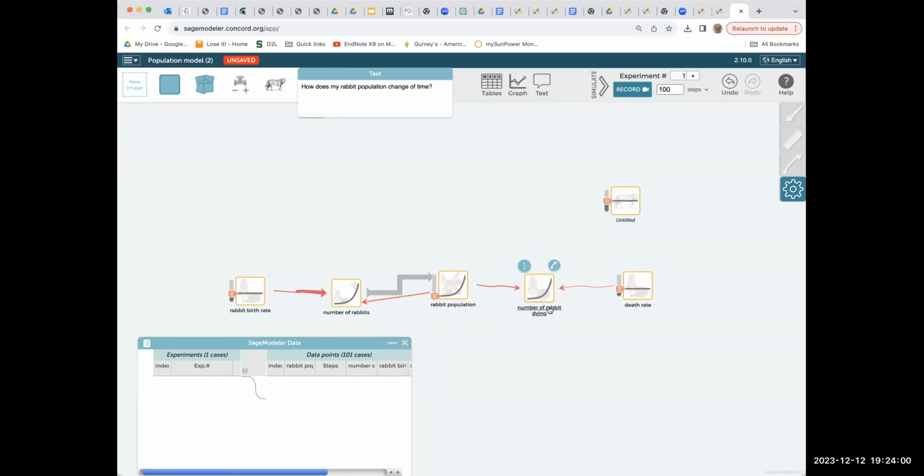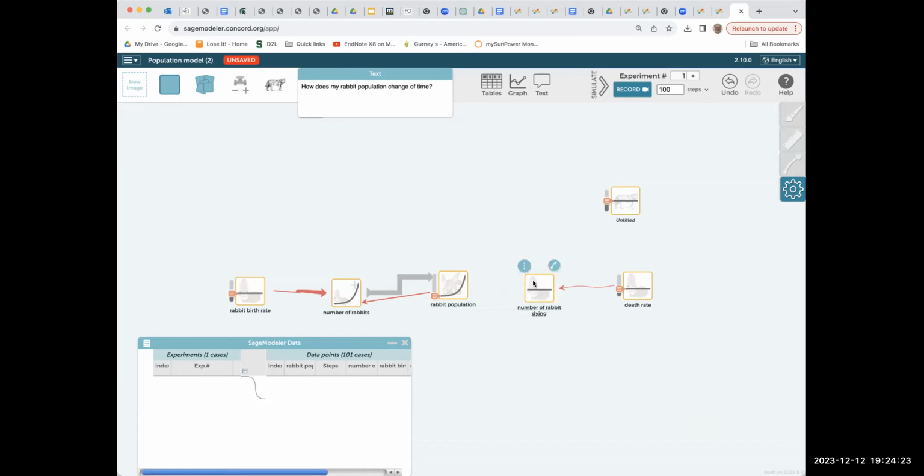Well, the number of rabbits dying should also flow in. And so somehow one of my connections accidentally got disconnected and it's going the wrong way. So I'm going to take that out, and we're gonna build a new connection to see if it works better.